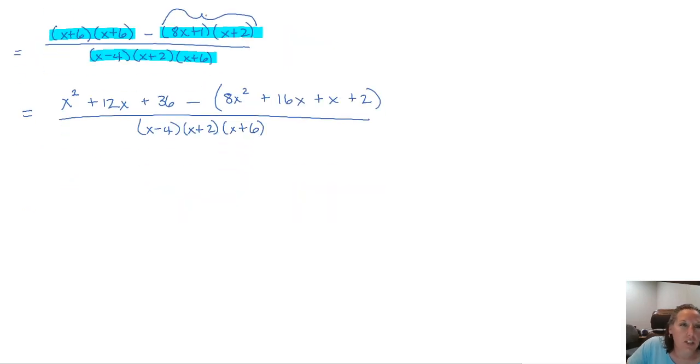All right, let's go ahead and distribute this negative. So instead of subtracting it, we're going to add a negative on our 8x squared, a negative on our 16x, a negative on our x, and a negative on our 2. If you can't do that in a different color, make sure that you let yourself know. I always like to circle it if I'm working this with pencil and paper and I don't have different colors. All right, combining like terms, we've got x squared and negative 8x squared.